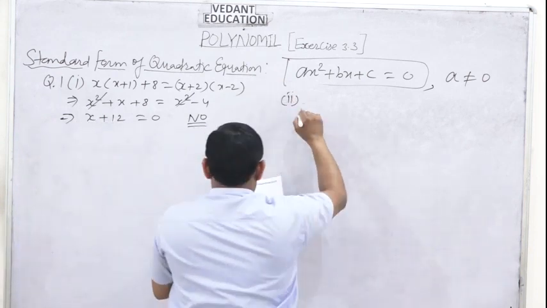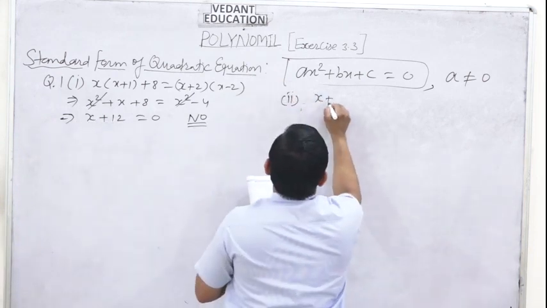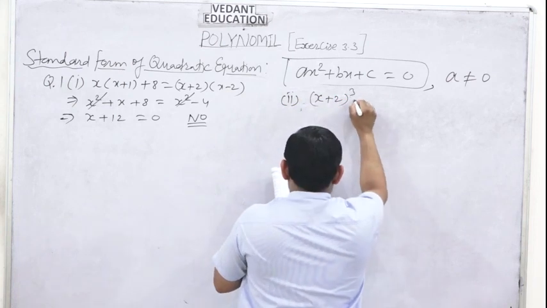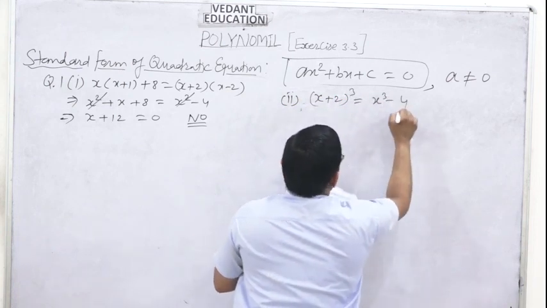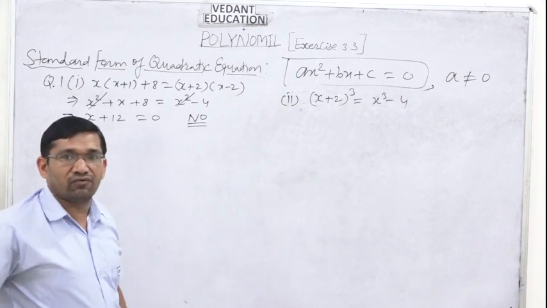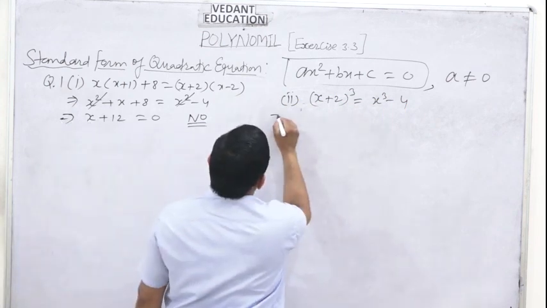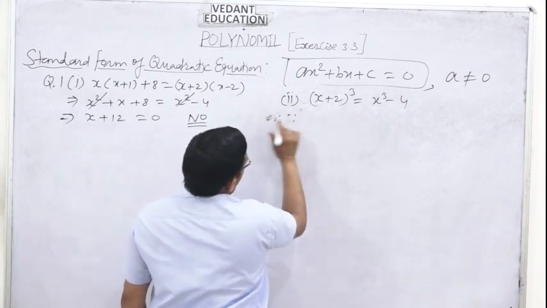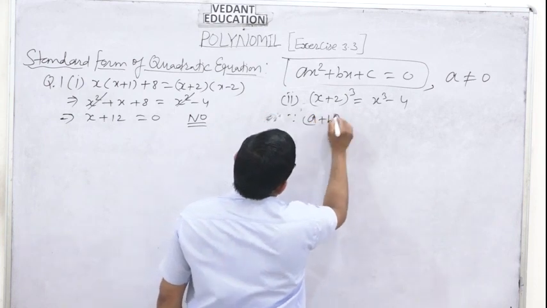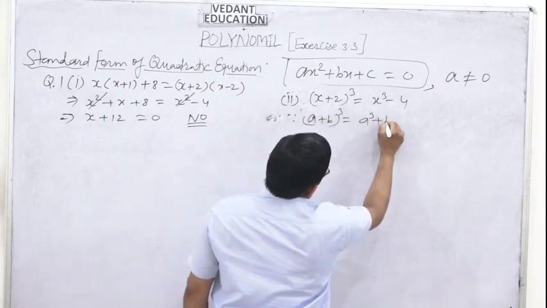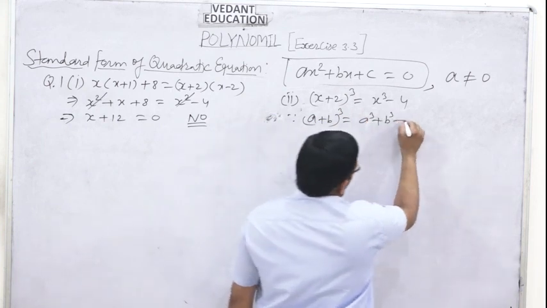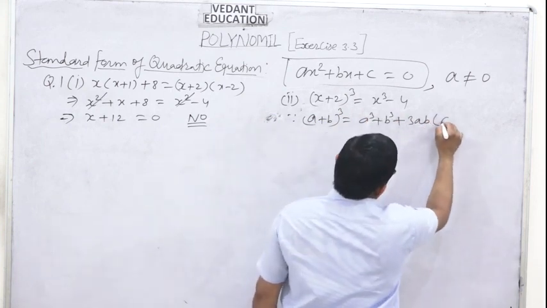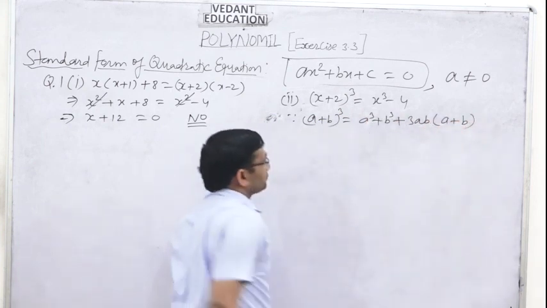Now the second part. The second part is (x + 2) whole cube is equal to x cube minus 4. We know that (a + b) whole cube is equal to a cube plus b cube plus 3ab into (a + b).